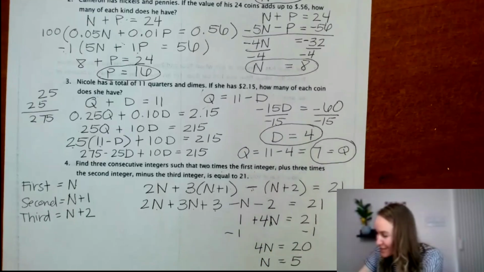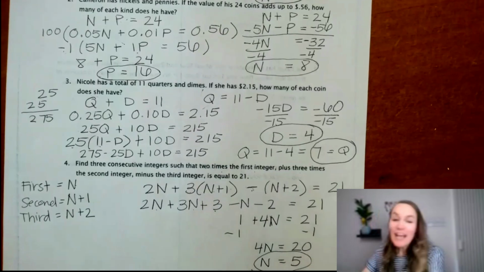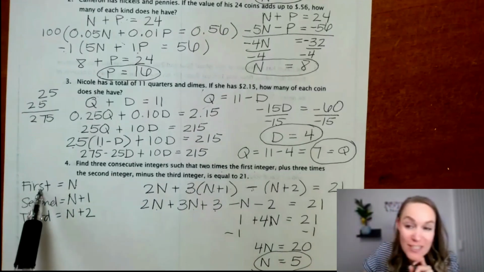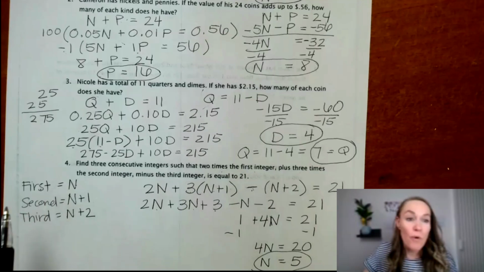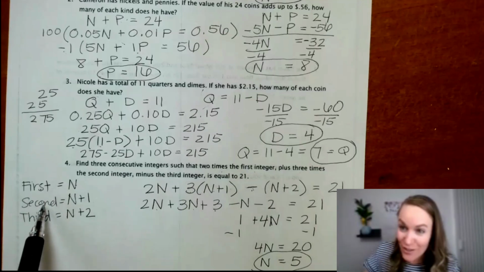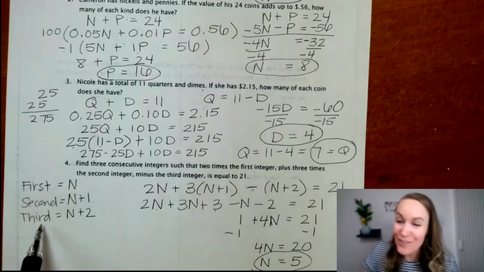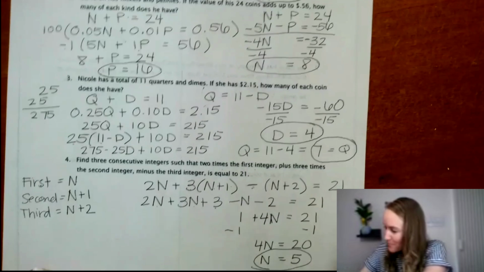All right, so I am not done yet because I need to know what my first consecutive integer is, what my second consecutive integer is, and my third consecutive integer. Okay, let's see what these are.